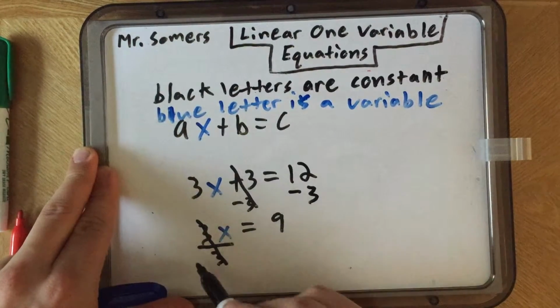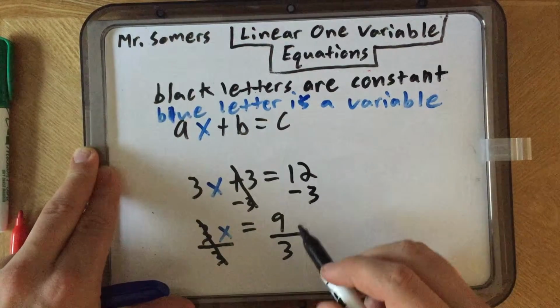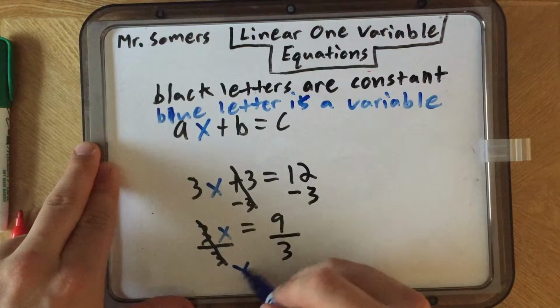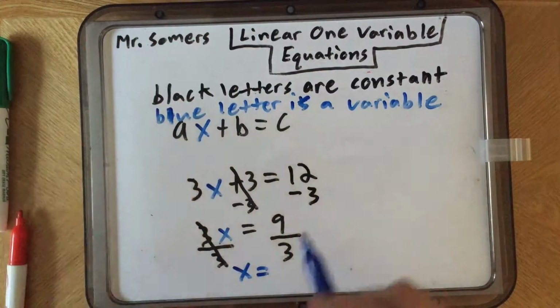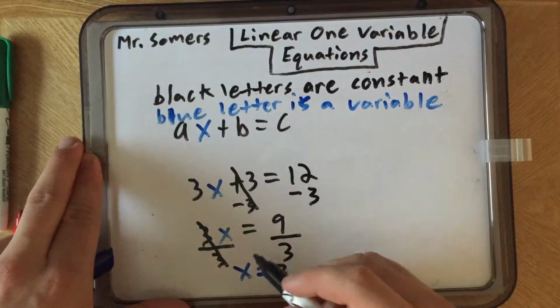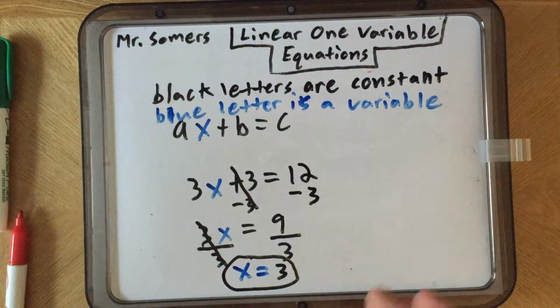Since we did it to the left side of the equation, we do it to the right side. Got to keep it nice and balanced. So x equals 9 divided by 3, which is 3. What do you know, that's our answer. Awesome, we solved for x. That was our goal, to get x by itself and solve for it.